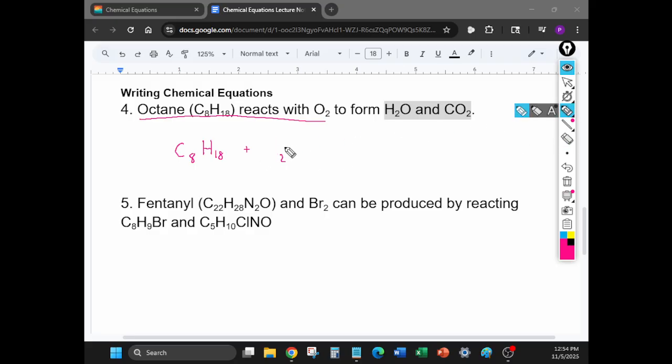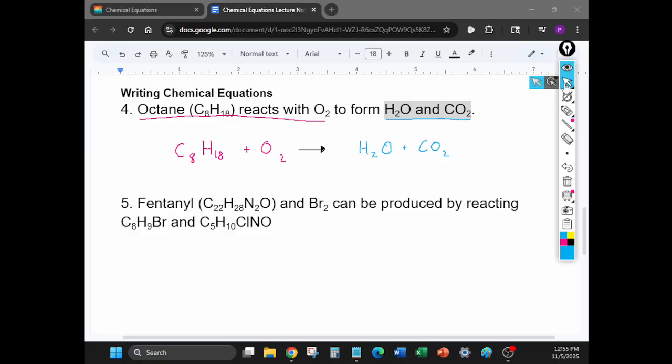Okay, that's what it means to react. Reacting them together means you are basically mixing them. Okay, this is what your car does. And then what does it do? They form, so we make, so we draw our arrow. And then the chemicals that you make are H2O and CO2. Okay, and that's how you write a chemical equation.